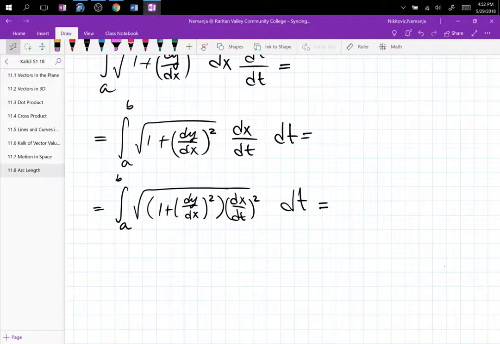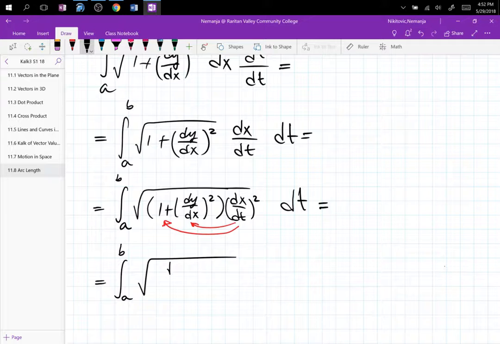Now this needs to distribute to both, you have two terms in there. So we have 1 times dx dt squared is dx dt squared, and when I multiply the second, dx and dx cancel, so we just get dy dt squared and everything dt.